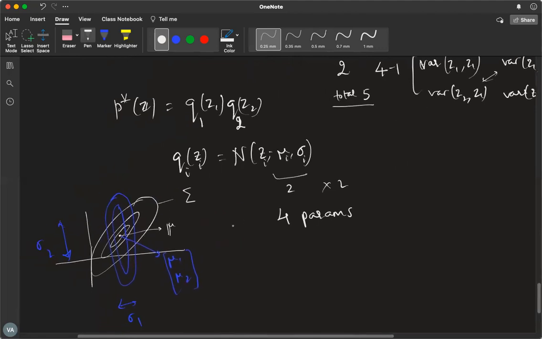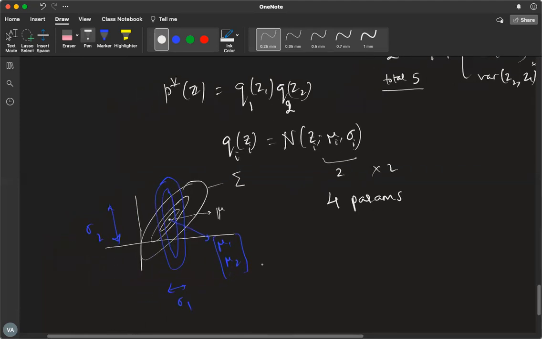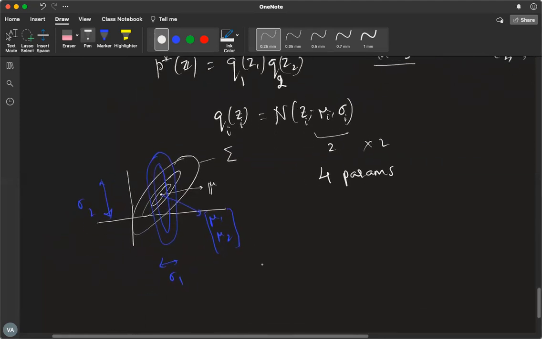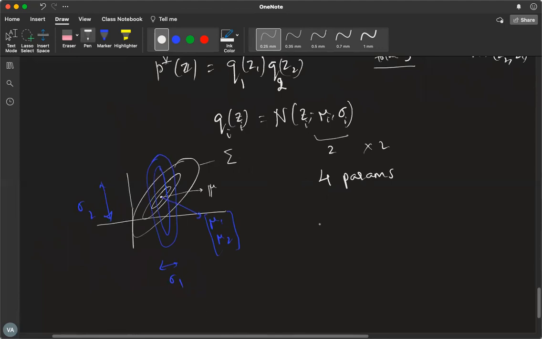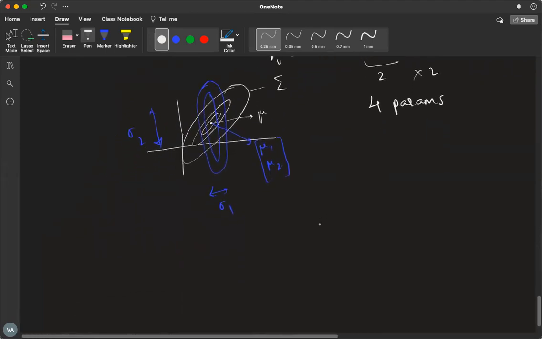And thirdly, our form has been simplified to just a product of univariate Gaussians. So for any analytical study, our PDF has been simplified. So this is what we discussed last time.